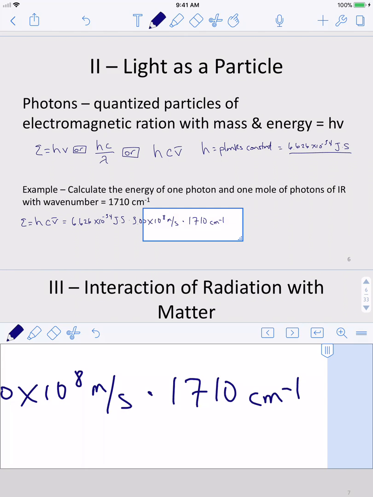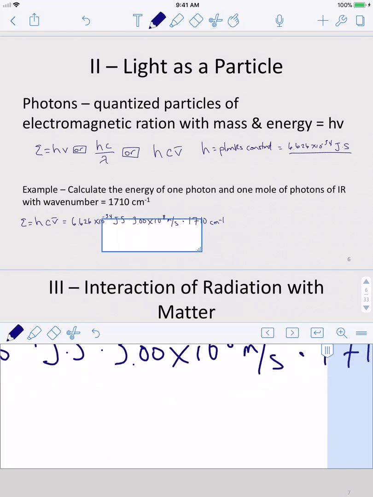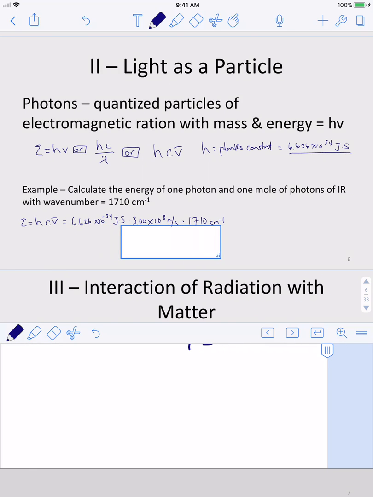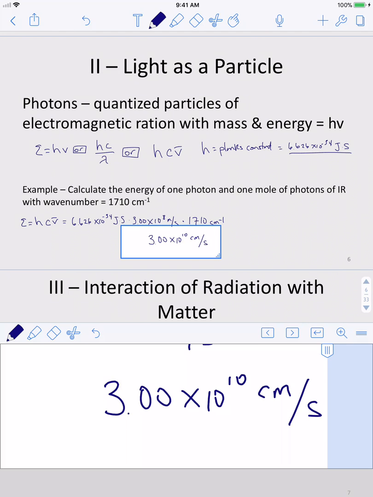Okay, and so now we look at this and we see that we have to be in like units. We have reciprocal centimeters and meters, so that's not going to work. So let's convert the 3.00 times 10 to the 8th meters per second. If there are 100 centimeters per meter, this would be 3.00 times 10 to the 10th centimeters per second.